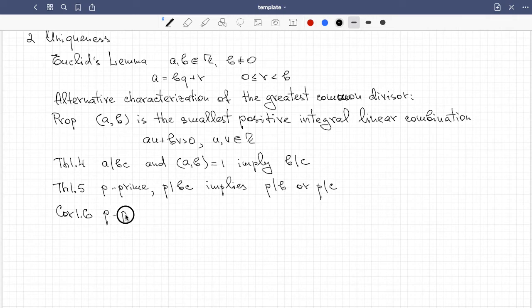p a prime, and p divides a product not of two integers, but of many integers, a1 times a2 dot dot dot an, implies p divides one of them. p must divide at least one. p divides ai for some i.